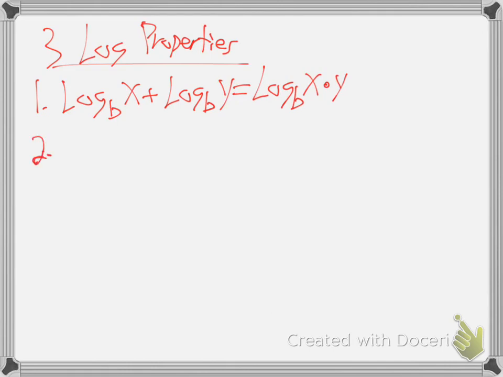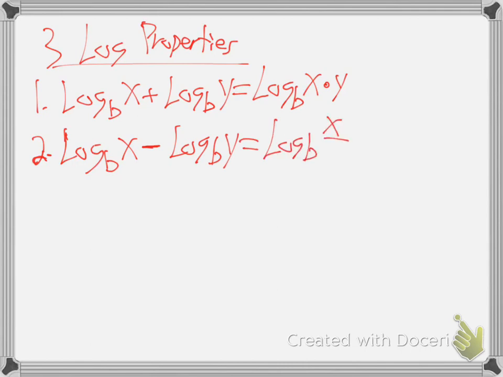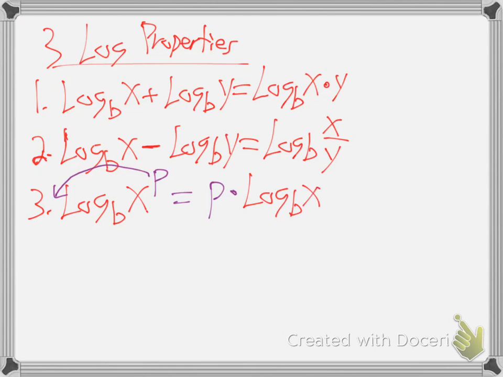Number 2: log base b of x minus log base b of y is log base b of x over y. And number 3, this one's a little different: log base b of x to the power p, that power can come down in the front, p times log base b of x.